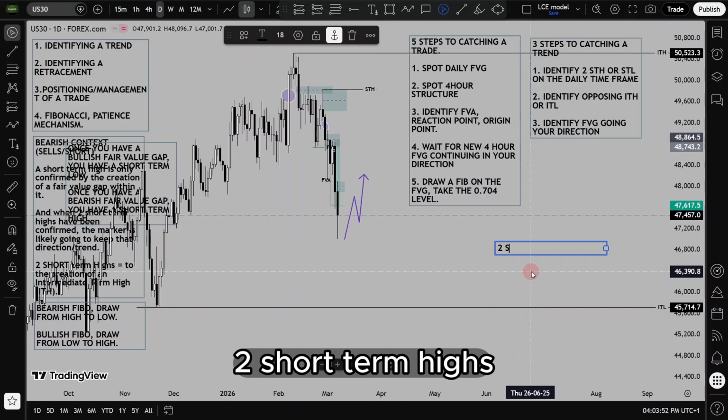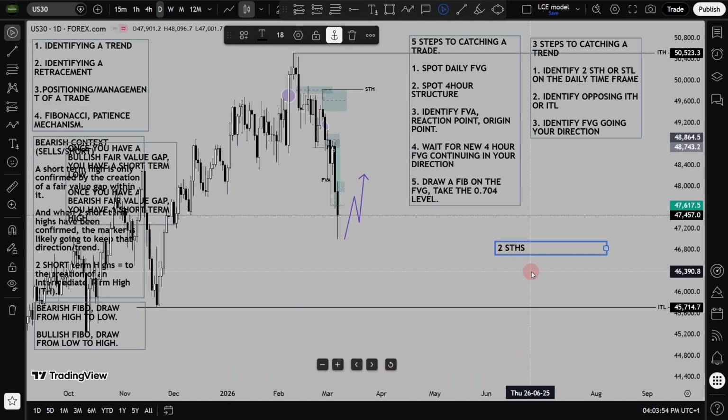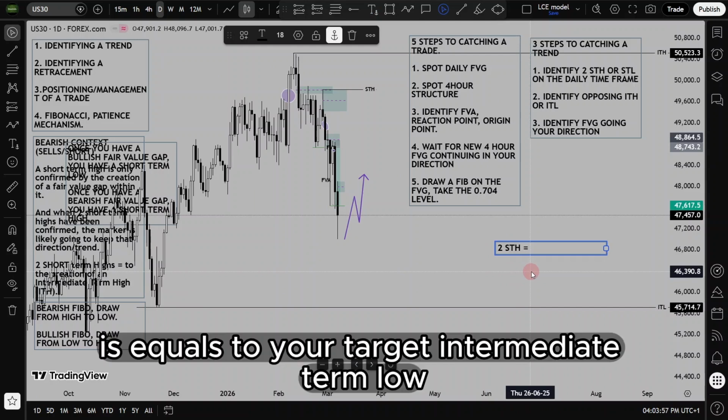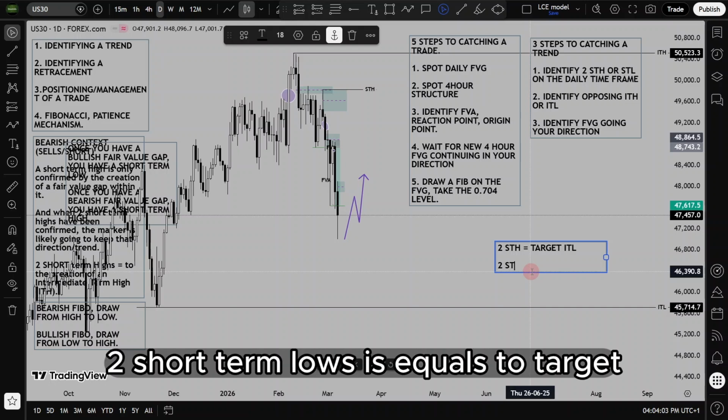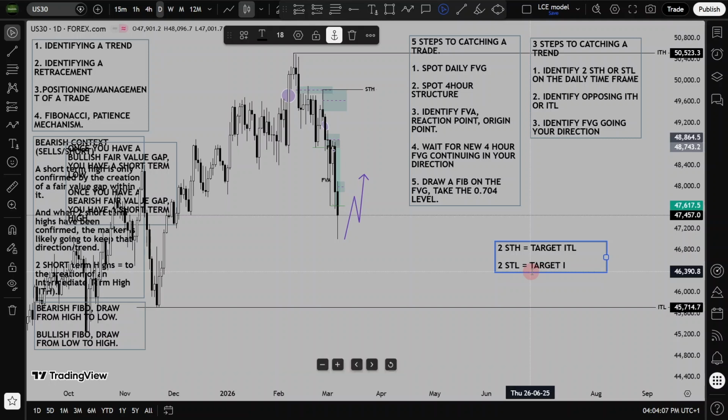This is the formula. Two short-term highs equals target intermediate term low. Two short-term lows equals target intermediate term high.